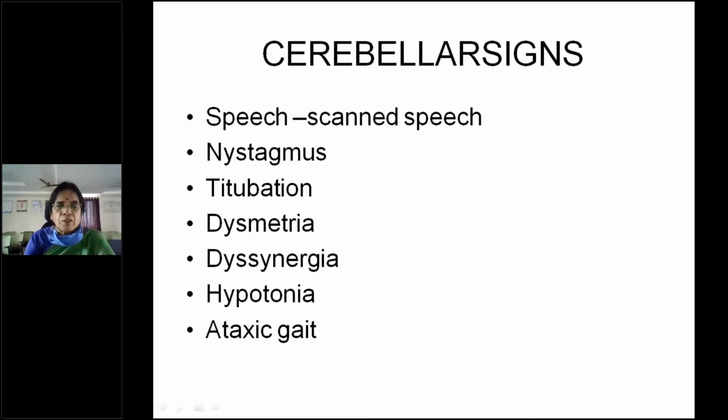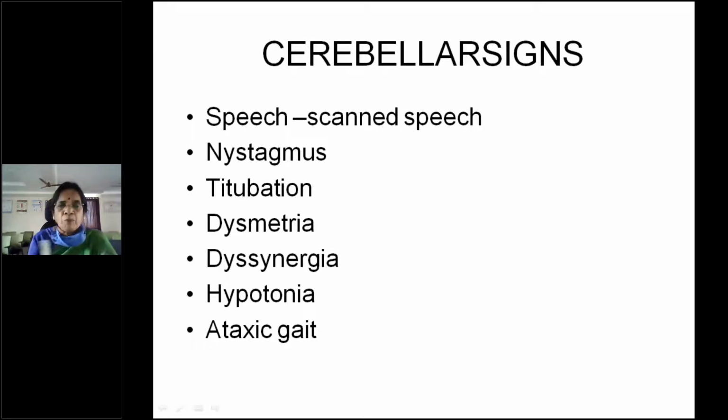Titubation means movements of the head and neck. That is one of the signs of extrapyramidal disease; usually in Parkinsonism you may get titubation. And dysmetria: the finger nose test. If you ask the patient to touch the nose, or do the finger to finger test, at reaching the point they may have some abnormality.